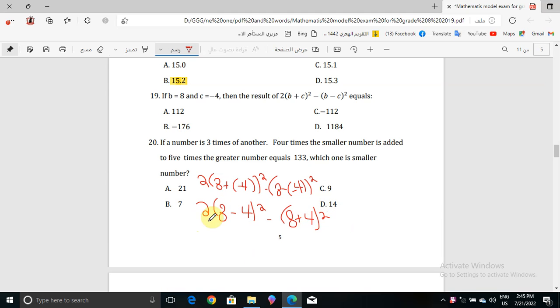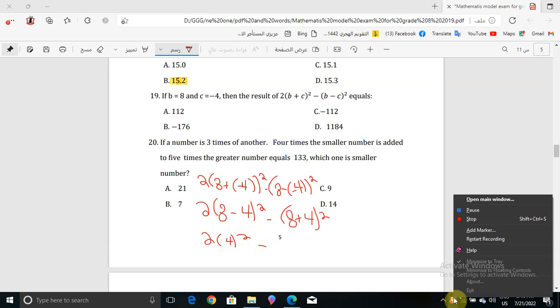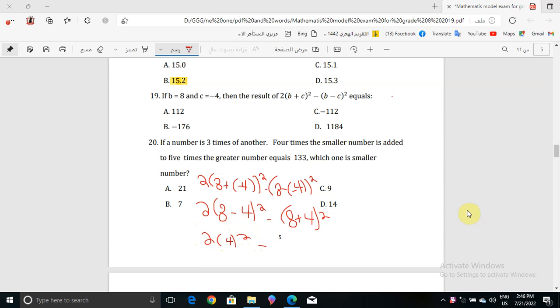Then what we'll do here, 8 minus 4 will be 4, so that means 2 times 4 squared, minus (8 plus 4) squared, that means it will be 12 squared, right?